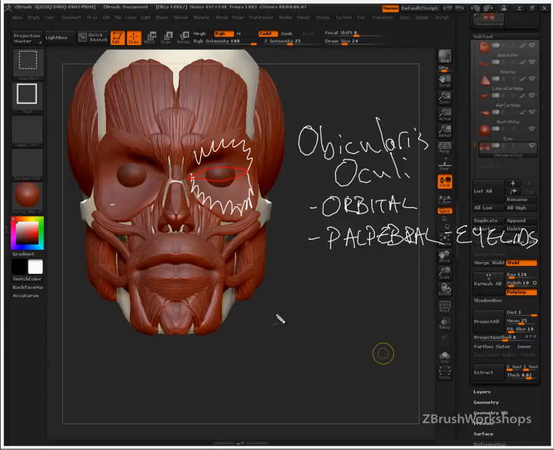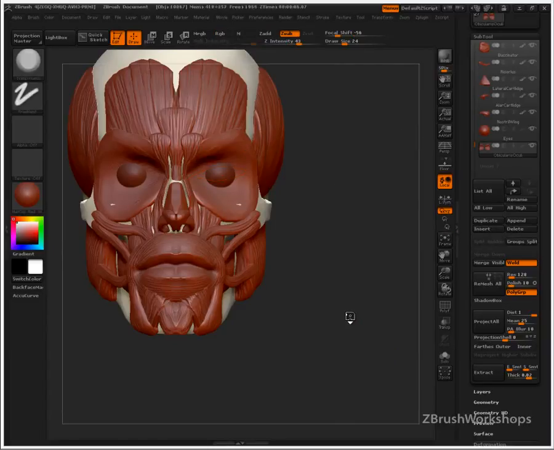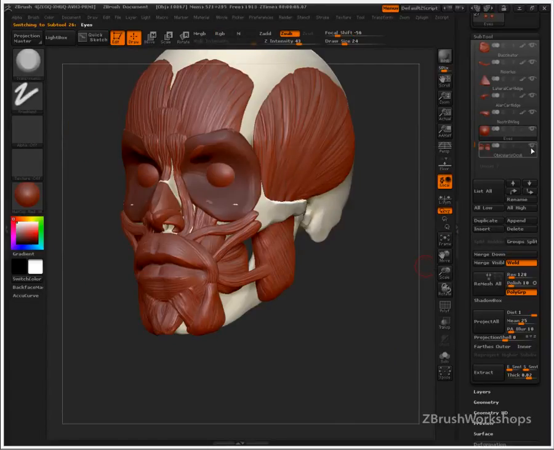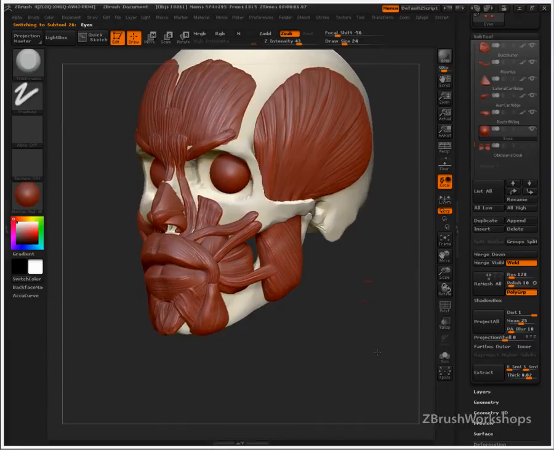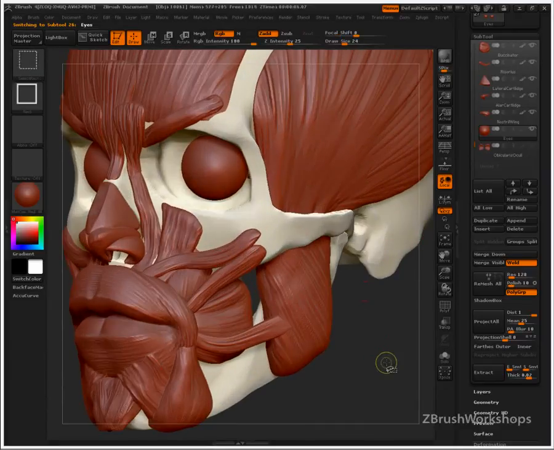Inside and outside, right? But let's talk about the inside corner of the eye and where the palpebral ligament connects there. To do that, I'm going to turn the eye muscle off. Let's look at this from a 3/4 view. The palpebral ligament inside the caruncula, as they also call it, is going to sweep over and above the lacrimal groove.